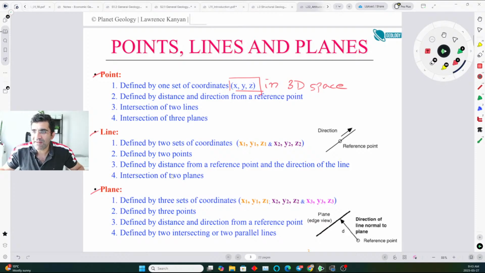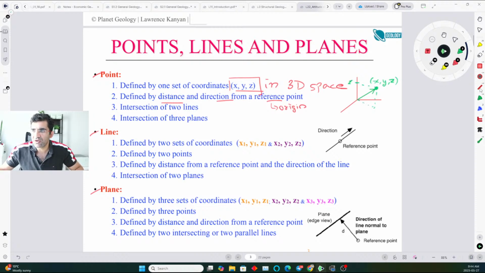It is defined by distance and direction from a reference point. A reference point, for example, could be the origin. So if you are in three-dimensional space, a single point, let's say you're defining this point, it will be defined by its coordinates x, y, and z, which is basically you can take its projections onto different coordinate axes.